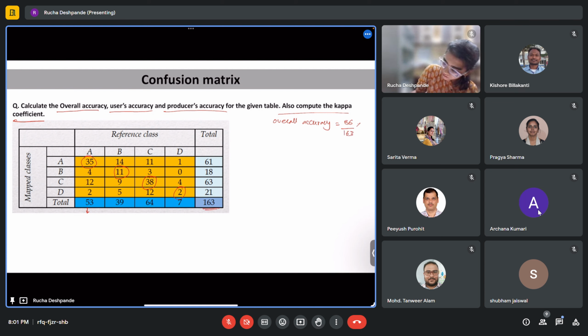My overall accuracy is 52.76%. For producer's accuracy, the total number of pixels which are A is 53, so for class A my producer's accuracy will be 35 by 53. Here it will be 11 by 39, 38 by 64, 2 by 7. And for user's accuracy we'll have 35 by 61, 11 by 18.